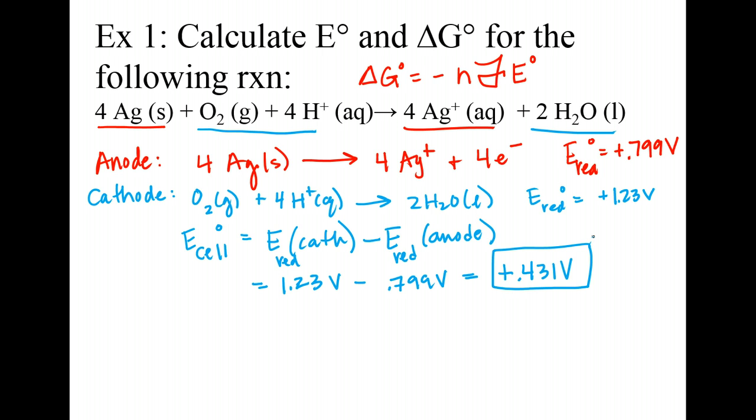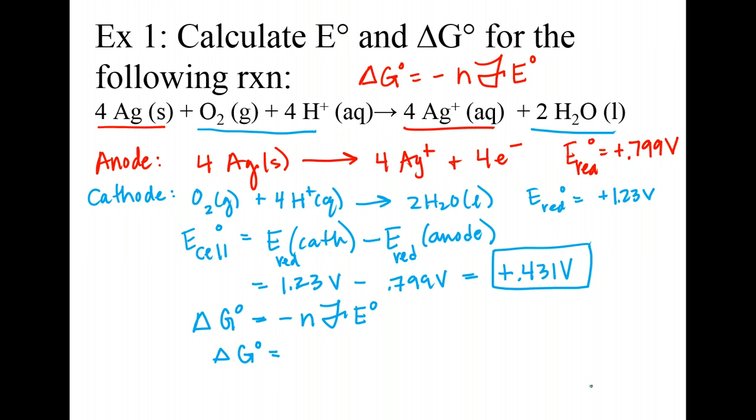If we continue with the second part of the problem, Gibbs free energy equals negative n Faraday's E standard. And so we substitute in our values. One of the biggest mistakes students make is the moles of electrons transferred.